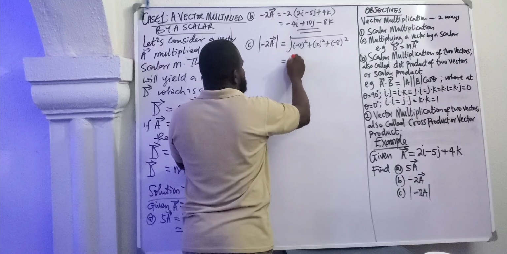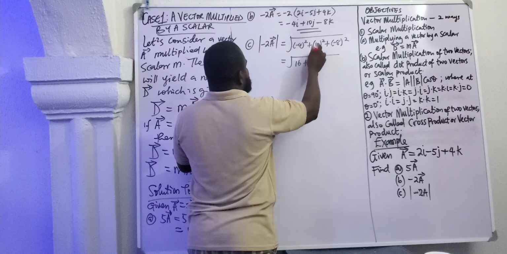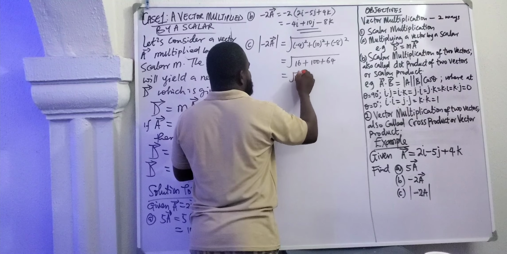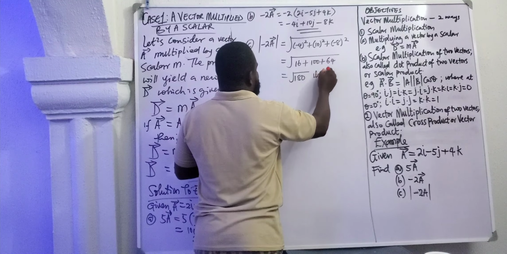This will give us square root of: minus 4 squared is 16, 10 squared is 100, minus 8 squared is 64. If you add that, 16 plus 64 is 80, plus 100, that is root of 180. Use your calculator to take the root of 180.